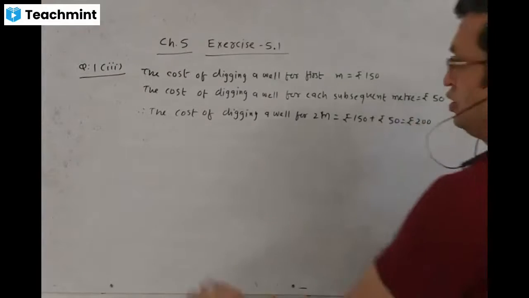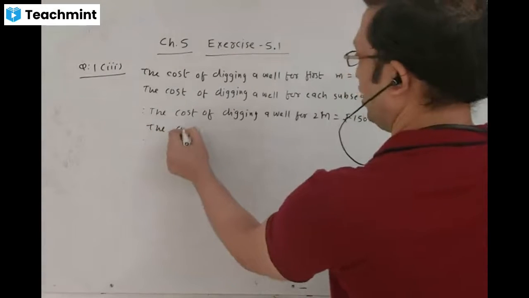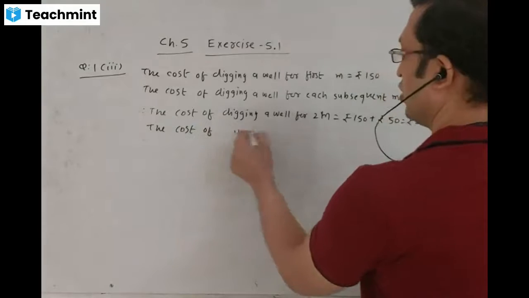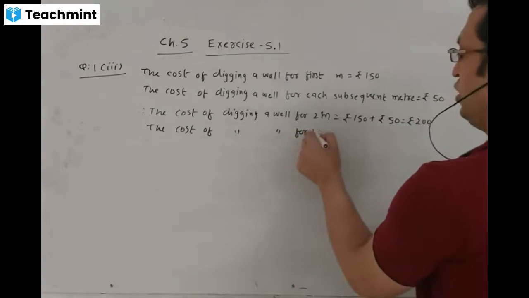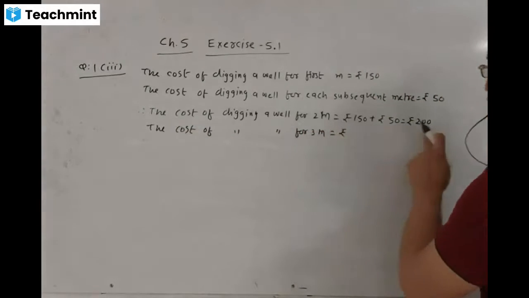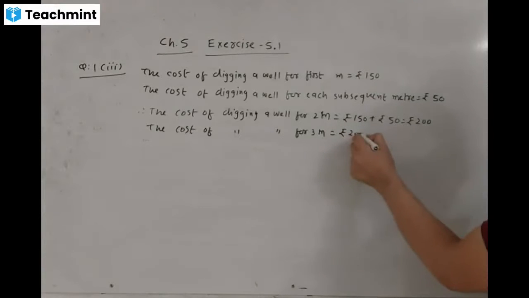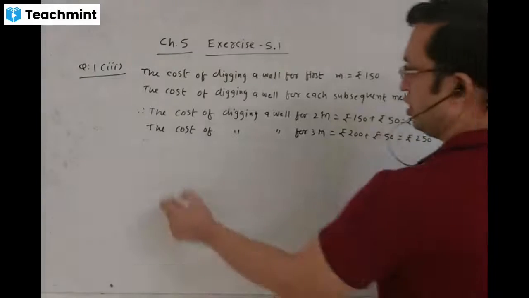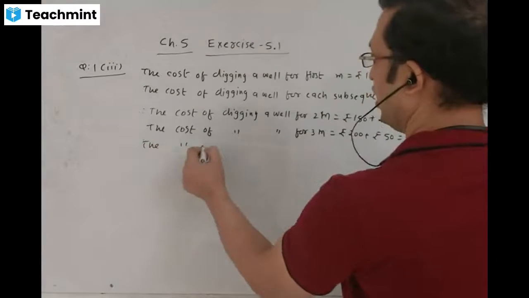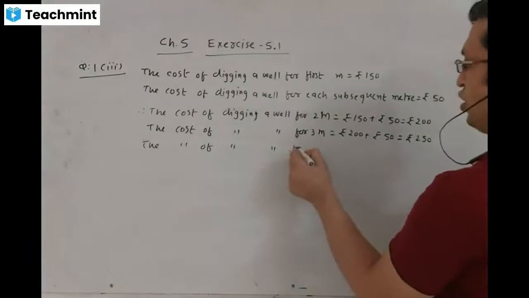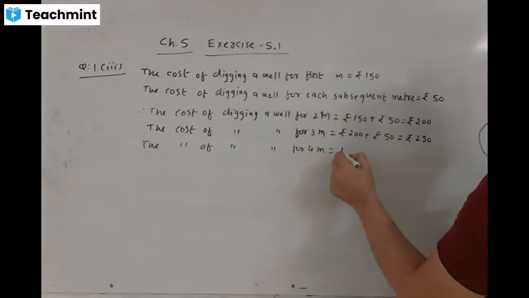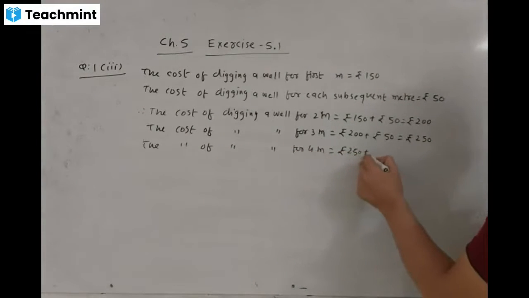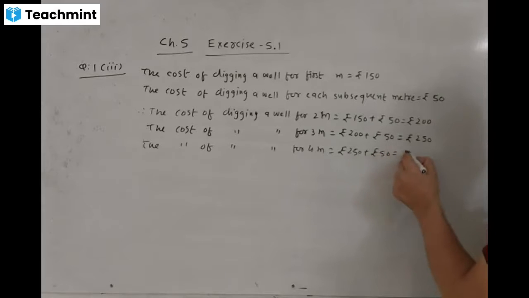The cost for 3 meters is rupees 200 plus rupees 50, that is rupees 250. The cost for 4 meters is rupees 250 plus rupees 50, that is rupees 300.